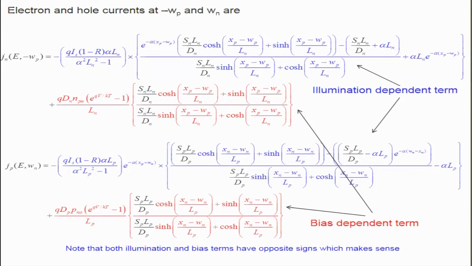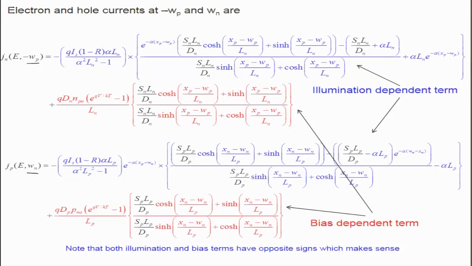What we have here is two terms: the electron current at minus Wp and the hole current at plus Wn. So when we look at total current, hole current is calculated at plus Wn, electron current is calculated at minus Wp, and then we will do another current, which is the SCR current, that we will take at the end.